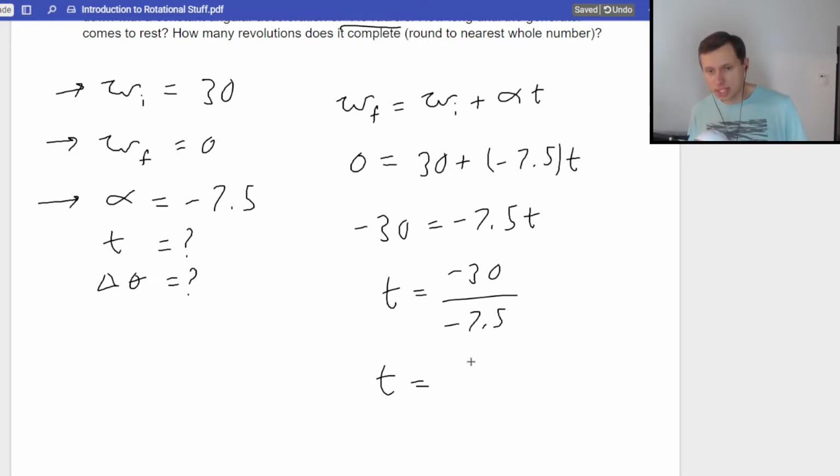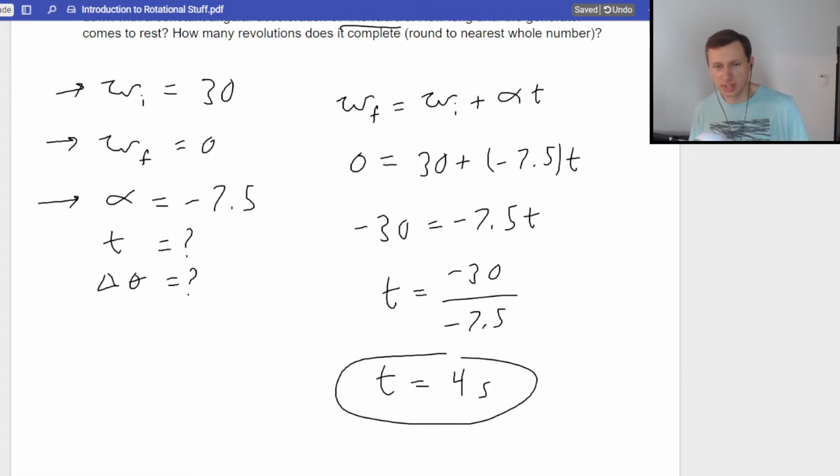And hopefully you got the same answer as me, or if you didn't get it yet, you're probably close. The time is going to be 4 seconds. So all you had to do was plug in the values here in the right spot, and then it was just algebra. Pretty straightforward. So time of 4 seconds for this first part.